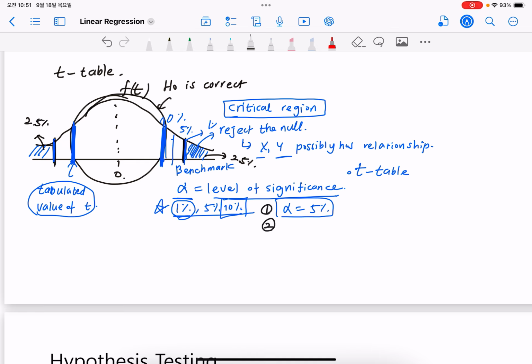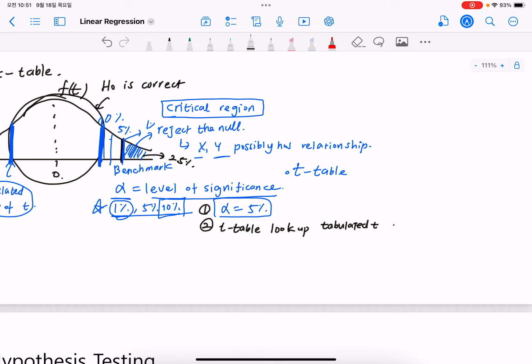So once you set that up, you go to the T distribution table and look up the tabulated T for when the significance level is 0.05. The T table, I cannot show you here, but you can look it up, and you will see lots of numbers there.